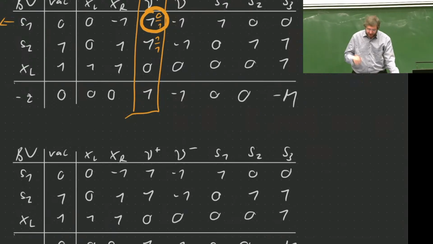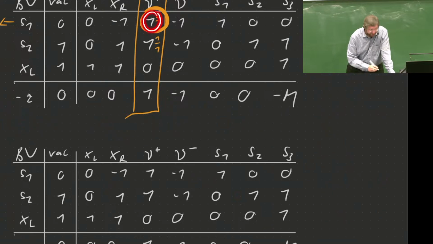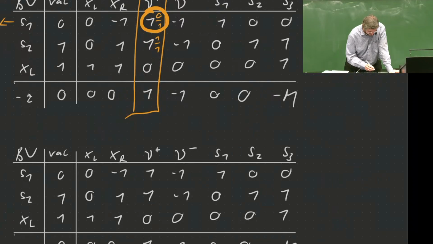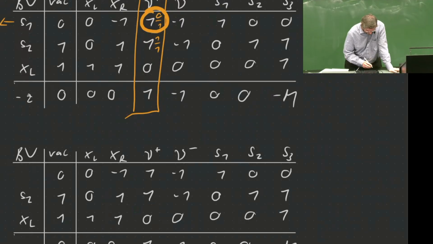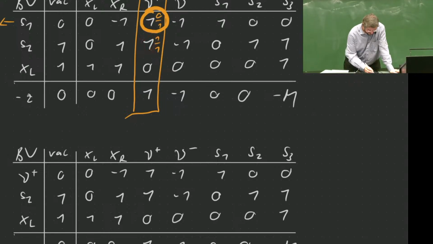Okay, again, we do Gaussian elimination steps. Again, we already have a +1 here, so nothing to do about the first row, apart from changing this entry here. So this now is a mu plus. We need to change this one here.